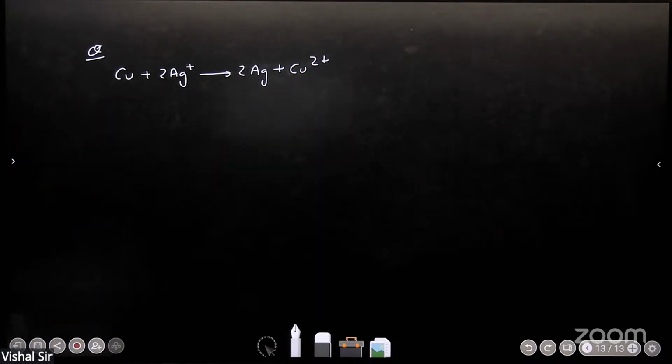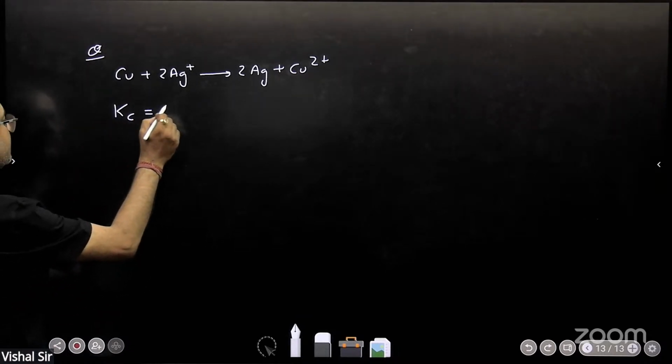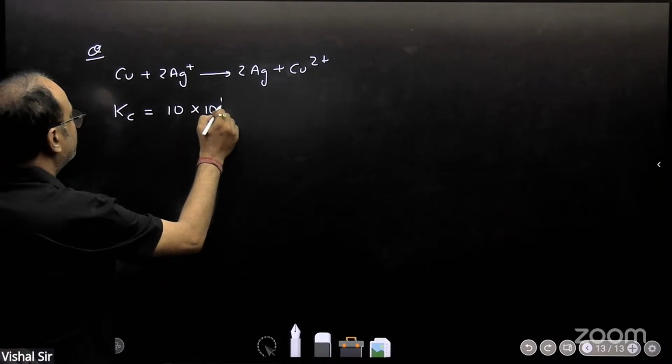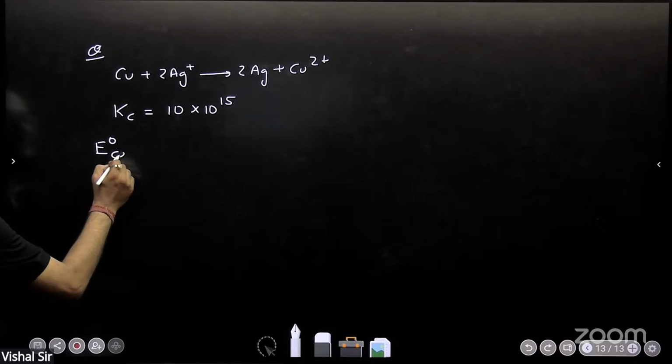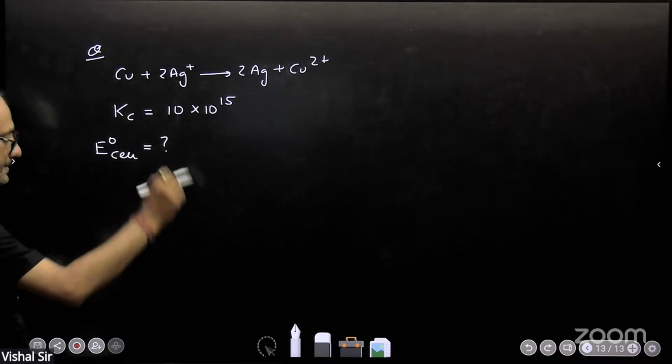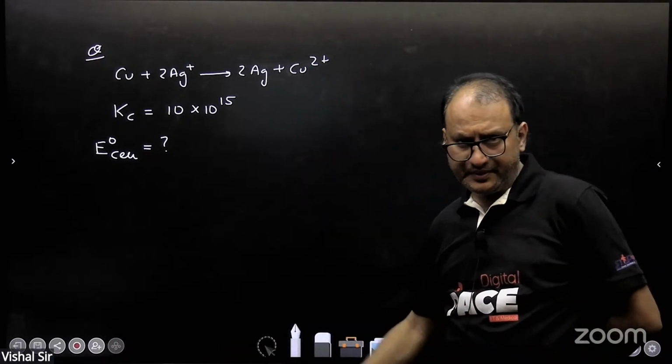This is a reaction given to us, and we are asked to find E naught of this cell, and we were given the equilibrium constant of this reaction, Kc, as 10 into 10 raised to 15. And we were asked, what is E naught cell? This is also a main PYQ.